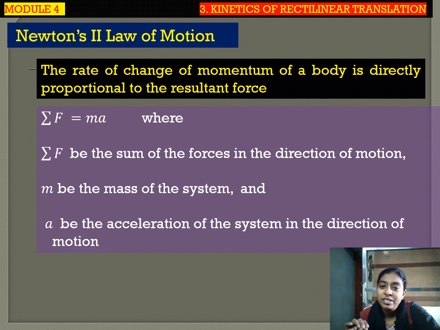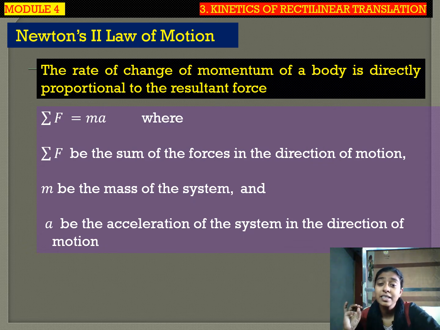Sigma F is the summation of forces in the direction of motion. We will normally have two directions, x direction and y direction. While resolving vertically, sigma F is the summation of forces in the y direction, and while resolving horizontally, sigma F will be the summation of forces in the x direction. M is the mass of the system, always expressed in kilograms.